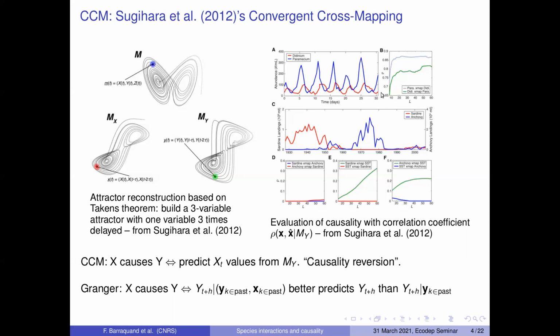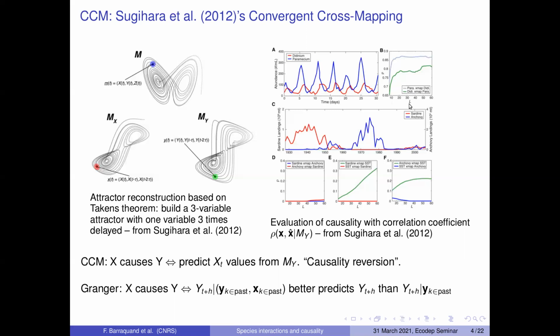You can see an example on the top right panel where I plot the time series of paramecium and didinium. You have the prey in blue and the predator in red again. And on the very top right, you can see values of the correlation coefficient using different quantities of data about this My.